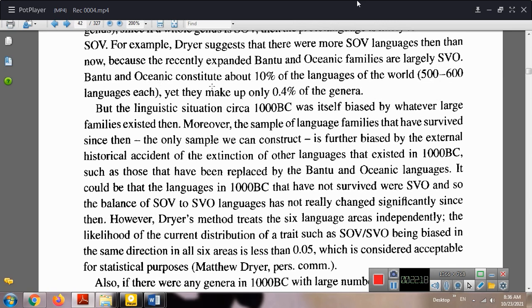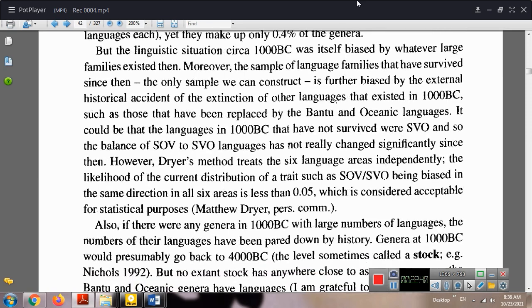Bantu and Ashanti constitute about 10% of the languages of the world, meaning 500 or 600 languages each, yet they make up only 0.4% of the genera. But the linguistic situation circa 1000 BC was itself biased by whatever large families existed then.